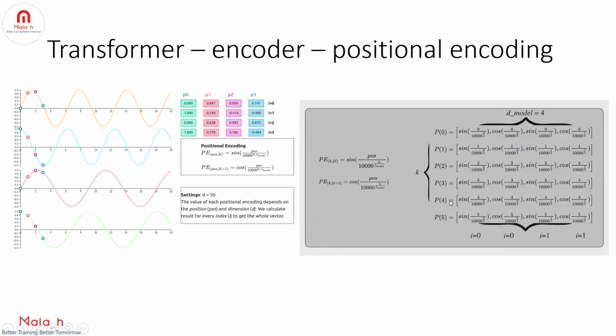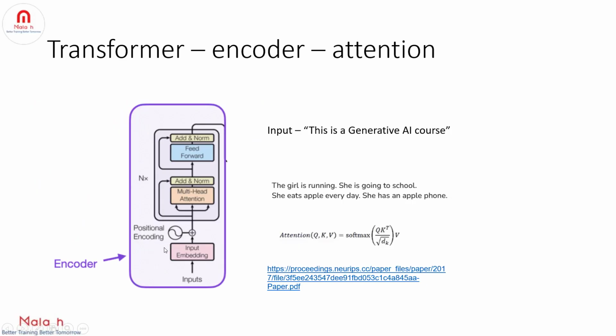Similarly, if you have a dimension of 768, you will see a pair of sine cosine, so in total it will be 768 divided by 2 pairs. That is how you calculate the positional encoding. Now let's go to this diagram again. The next step is, once we have the positional encoding, we add this positional encoding to the input embedding.